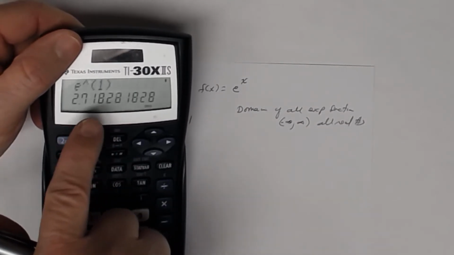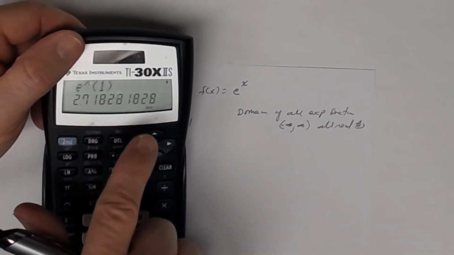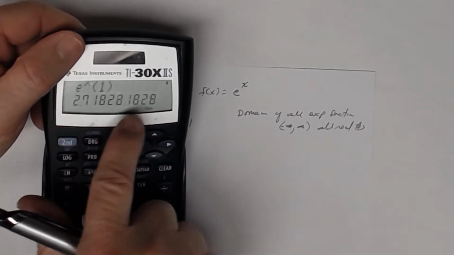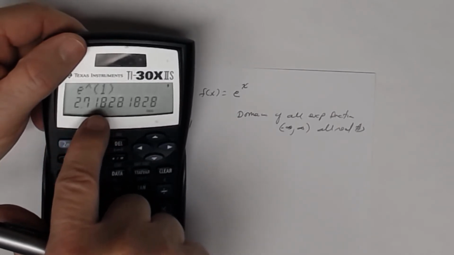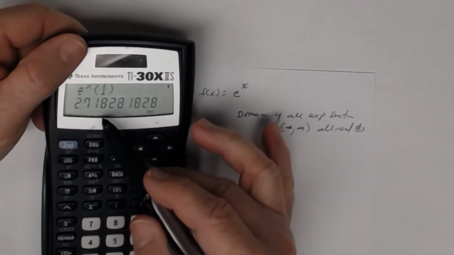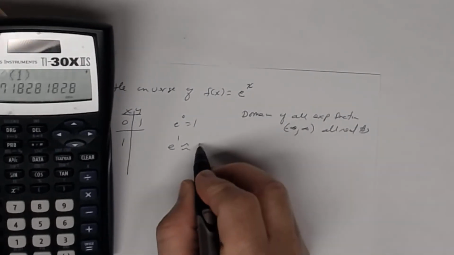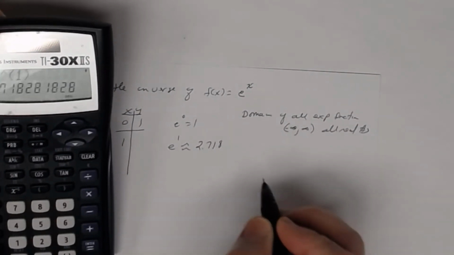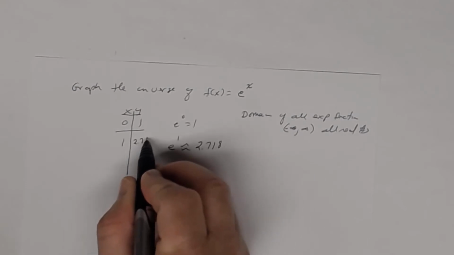Now remember, this is actually e, an irrational number approximately equal to 2.718, and we usually round off to the thousandths place. So e is approximately equal to 2.718.